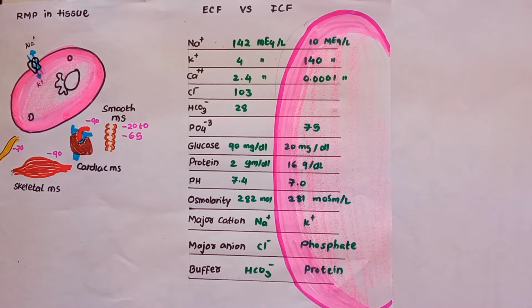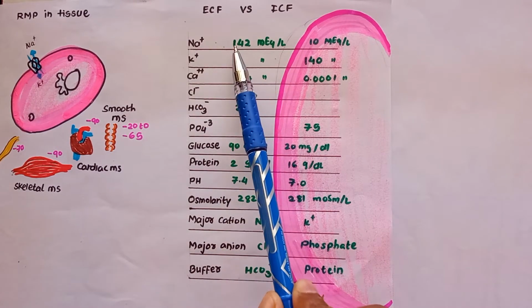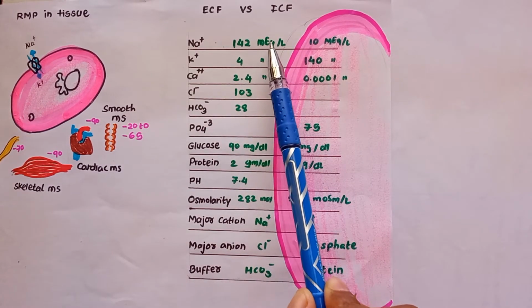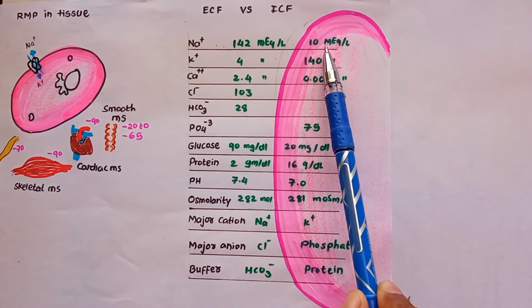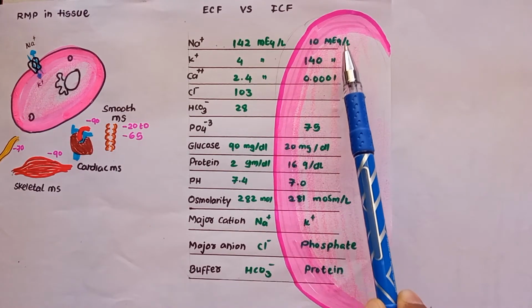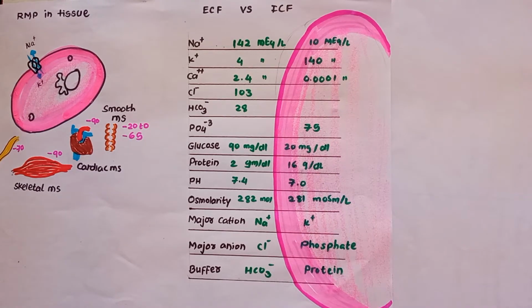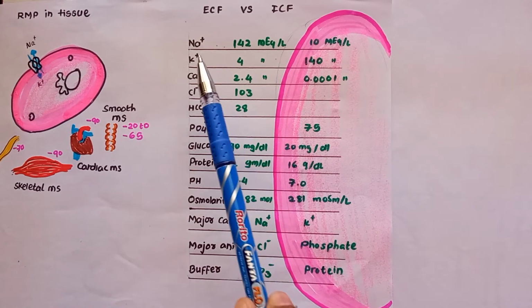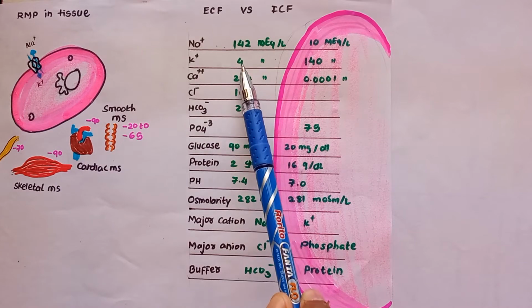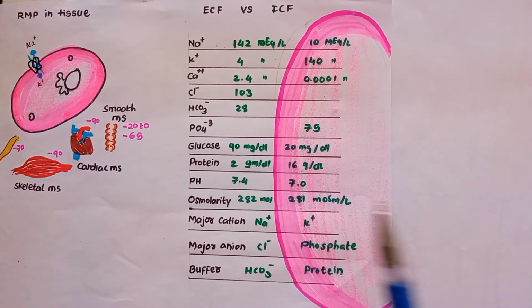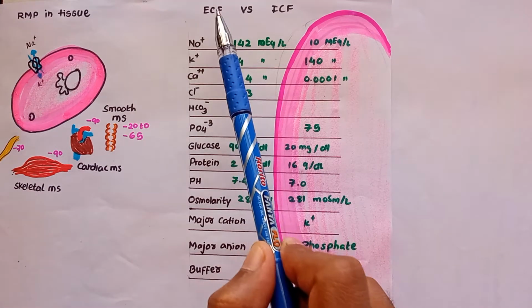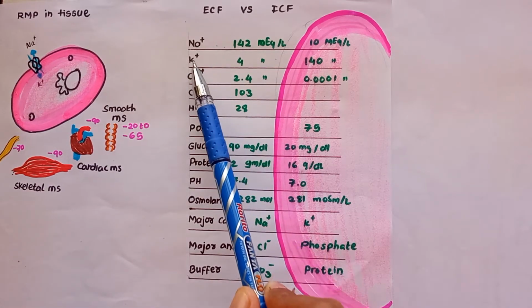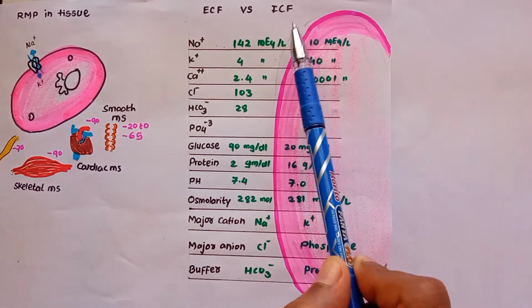So sodium is 142 milliequivalents per liter in extracellular fluid, while it is 10 milliequivalents per liter in intracellular fluid. As well, potassium here is 140. So we have to remember that sodium is more in extracellular fluid while potassium is more in intracellular fluid.